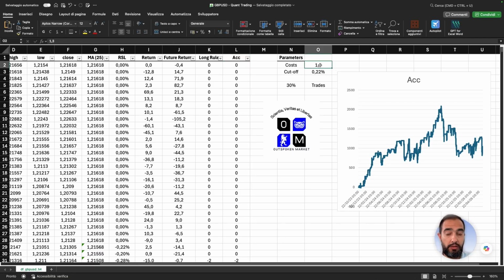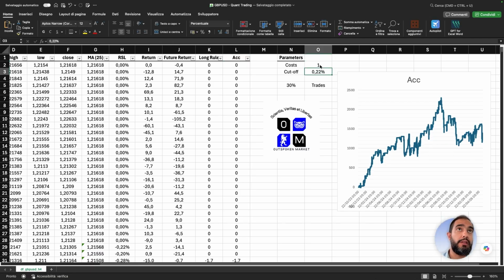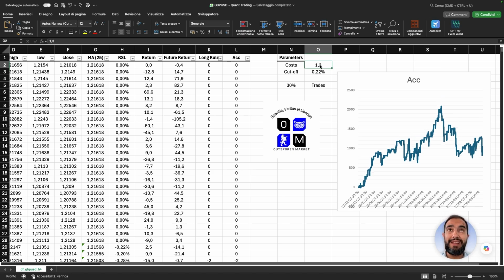If you have, and I know there are some brokers that allow you less cost, you can have something. And now, what is your task as a quant developer? But how can you say, Leandro, that I am a quant developer in Excel?